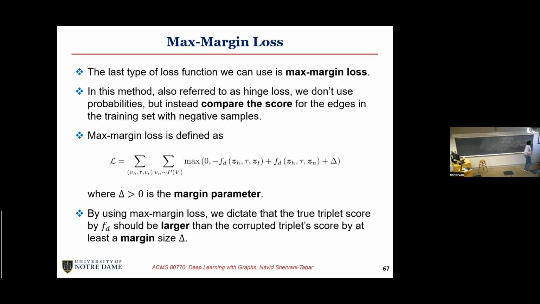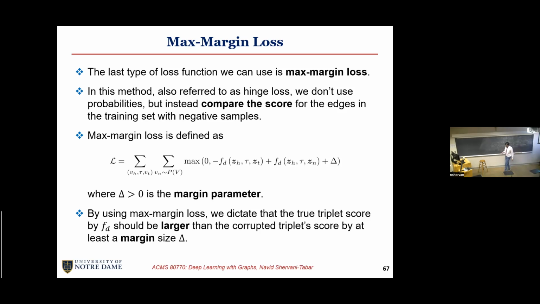The idea with this implementation is that we want the output of the decoder for the positive edge to be larger than the score that this decoder gives to the wrong samples, the corrupted edges. And we want that to be larger at least by a margin delta.